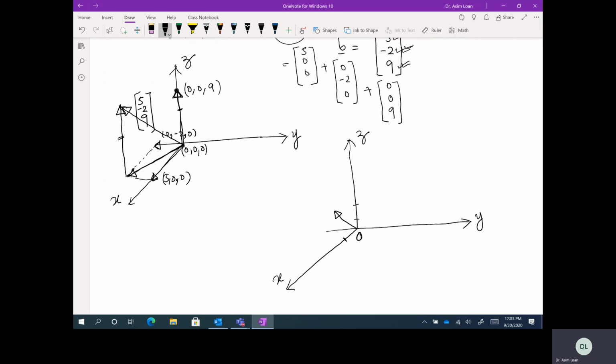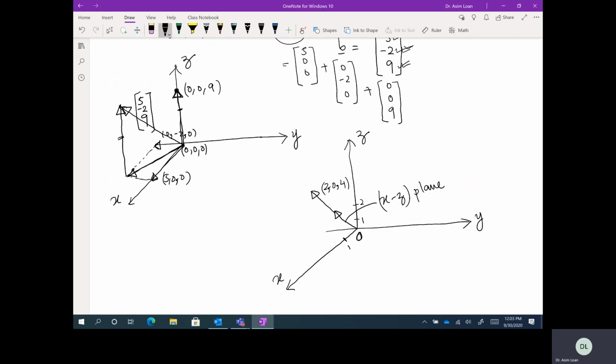Again, this vector is in the xz plane, because y is equal to 0. If I extend this one, this will be (2, 0, 4). This is one vector, and then there is another vector.